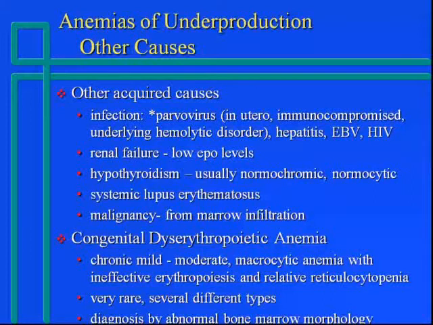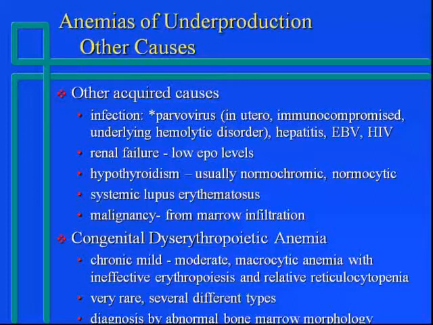Renal failure is an important cause of underproduction anemia because of low erythropoietin levels. Hypothyroidism usually results in a normochromic normocytic anemia. Other causes include underlying systemic autoimmune disease, in particular lupus, or malignancy often from direct marrow infiltration, which we see, for example, in children with acute leukemia.